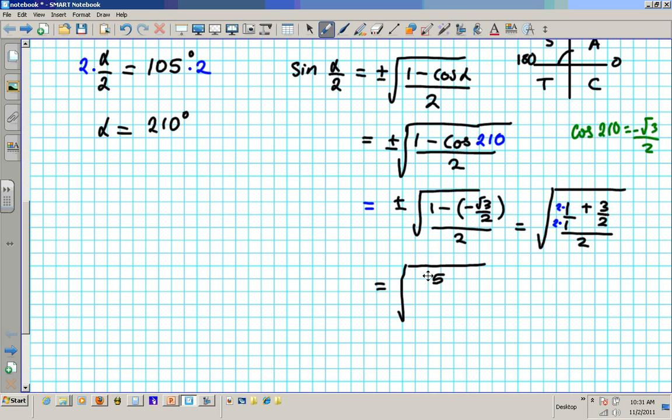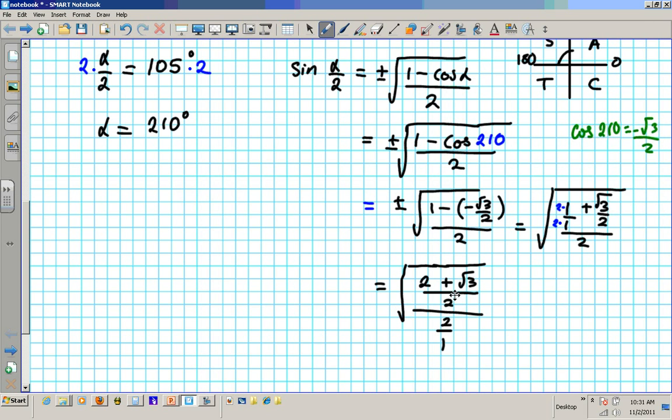No, I made a mistake. Let's stop here. Let's go back. I left out the square root, so this is supposed to be the square root right there. Okay? So it's going to be 2 plus root 3 over 2, over 2. And then we can write the denominator as 2 over 1. So we have a fraction on the top and a fraction on the bottom.